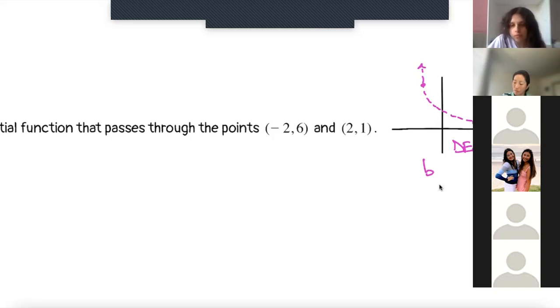B will be between 0 and 1. Perfect. We're going to have B sandwiched between 0 and 1. And if we end up with a number bigger than 1, we know we made a mistake somewhere, okay?